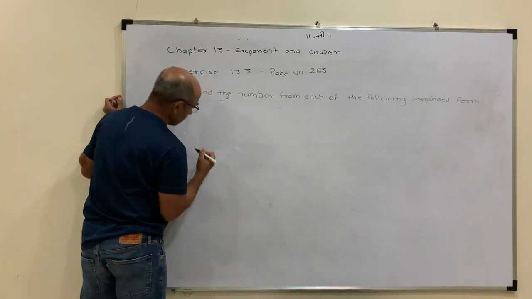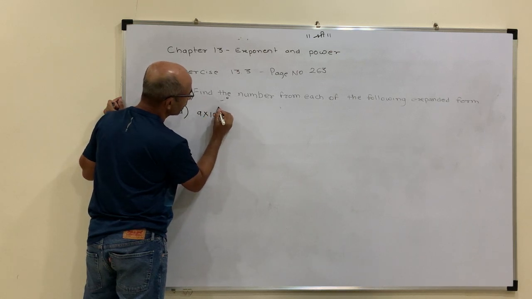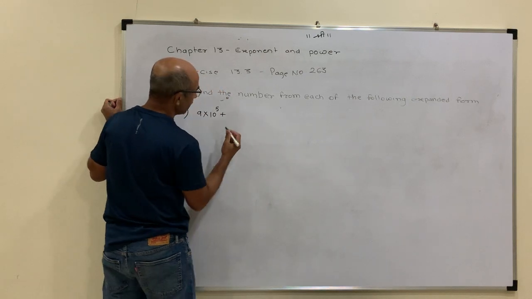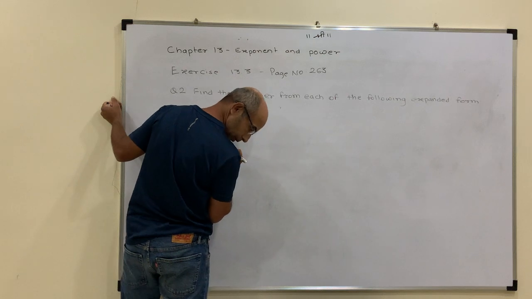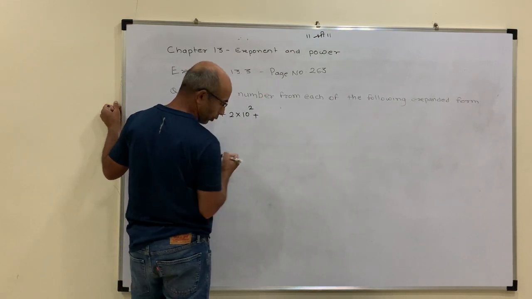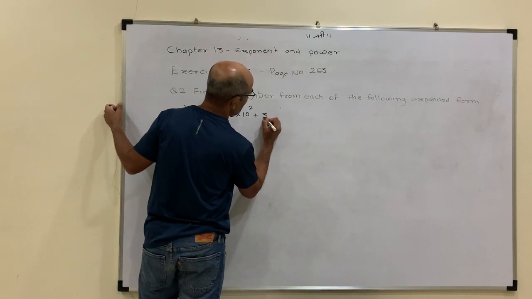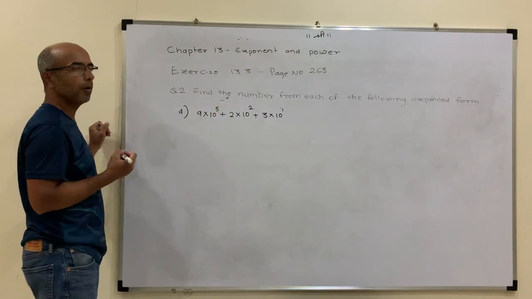9 into 10 raised to 5, plus 2 into 10 raised to 2, that is 10 square, plus 3 into 10 raised to 1, or 10 to the power 1.